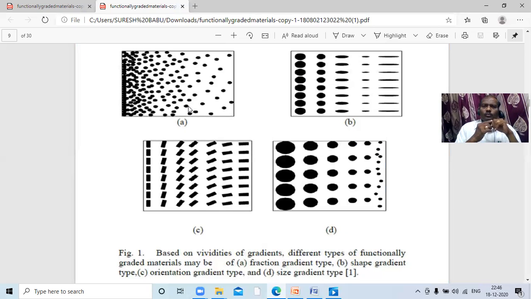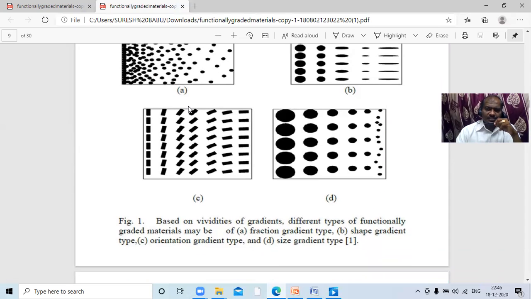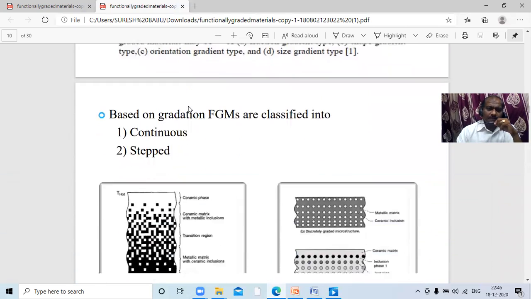So up to now, what I have explained is the definition of an FGM. What is the purpose of FGM? Classification of FGM, and how these FGMs can be identified based upon the diagram. So this is how four FGMs can be differentiated based upon the sketches.